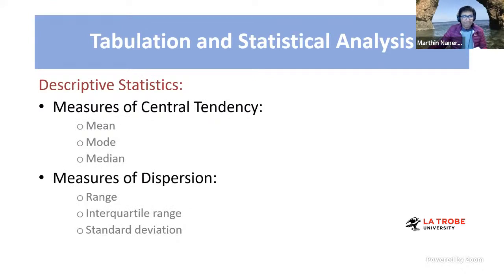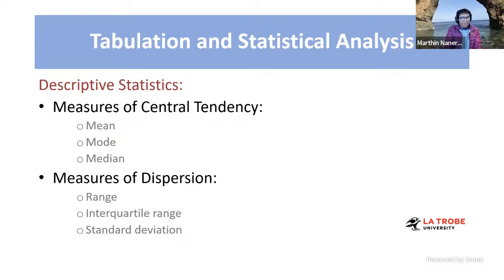Descriptive statistics. Descriptive statistics help to summarize the characteristics of a large set of data using only a few numbers. The most commonly used descriptive statistics are measures of central tendency, which include mean, mode, median, and measures of dispersion or range, interquartile range, and standard deviation.